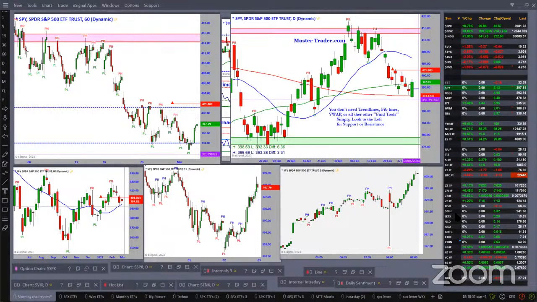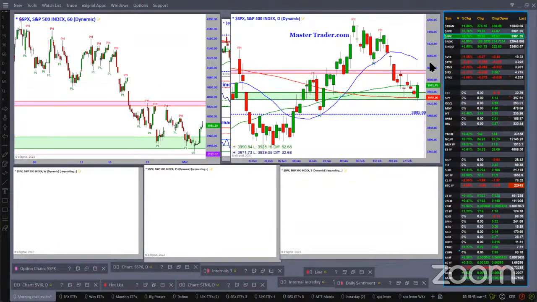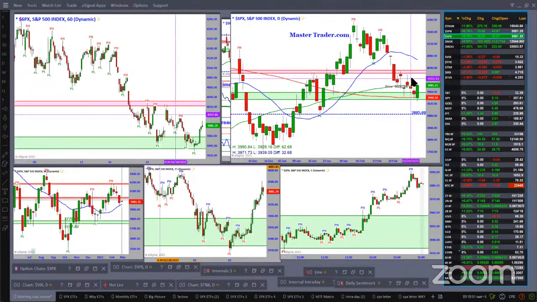So that's a consideration. And up above, let me get to SPX here. We know SPX is opening up around that huge open interest level, so it could get, I would assume, up to the top of this resistance. So we want to be on the other side of that.